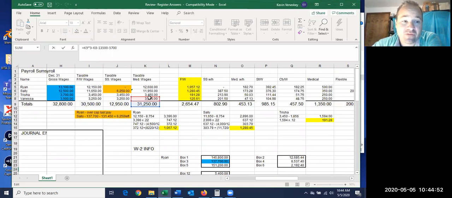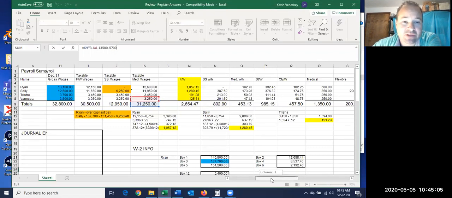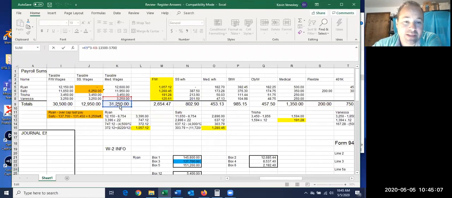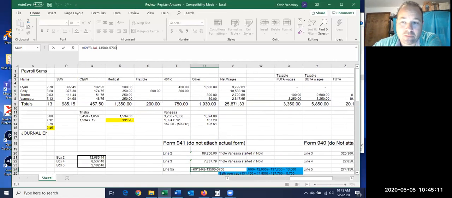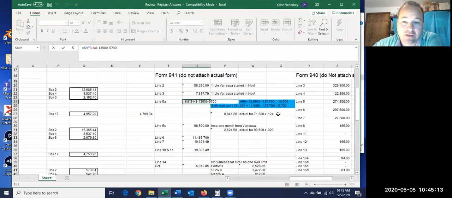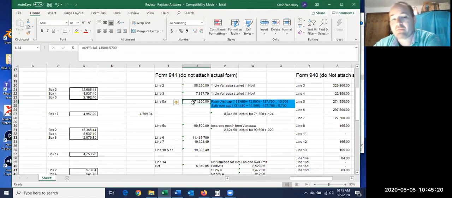And then remembering that Vanessa didn't work in October, so subtract one of her pays out, and then subtract out the two amounts that are over the cap, because not all of this is taxable, because some of it was over the cap. So I subtract out the 13,500 and the 5,700. For this problem, to me, that seemed like the easiest method.